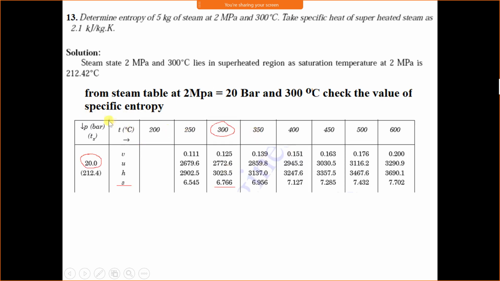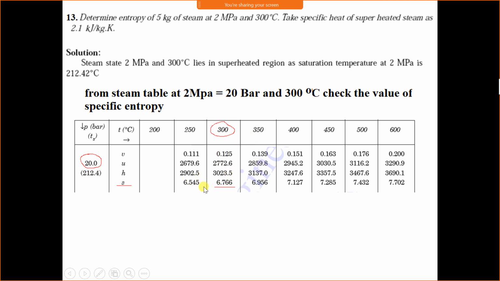This is a steam table. We have taken a snapshot of the steam table, table number 3. Now at 20 bar and 300 degrees Celsius, the value of entropy is 6.766.